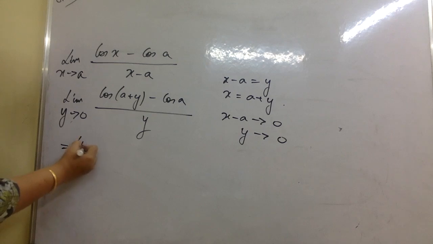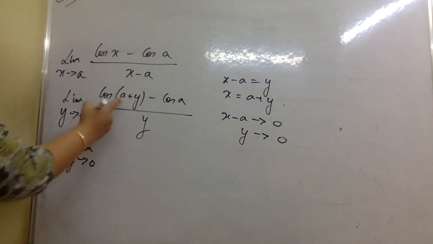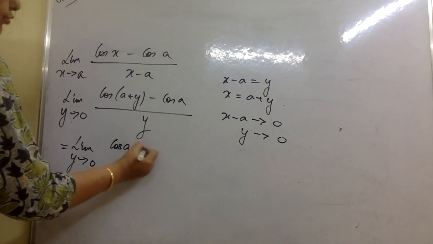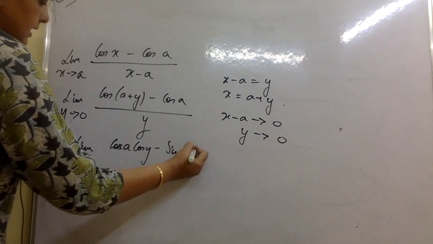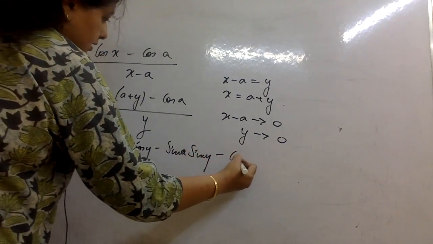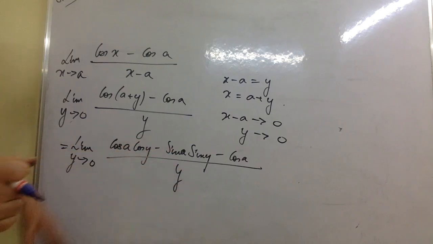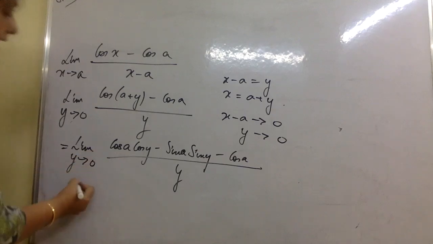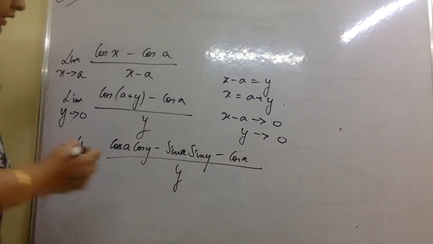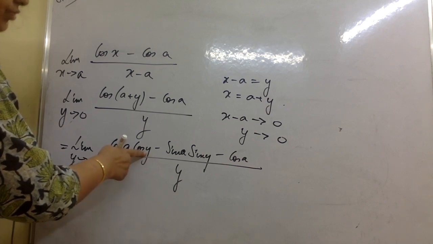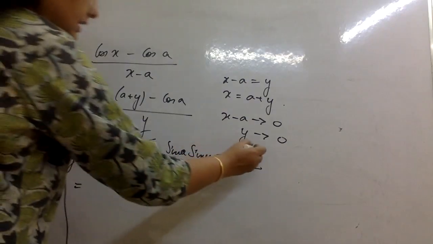So limit y tends to 0, we'll use the formula here: cos a cos y minus sin a sin y minus cos a, by y. Now if I give this y separately to each one, then if y tends to 0, the cos a cos y term cancels with the minus cos a.